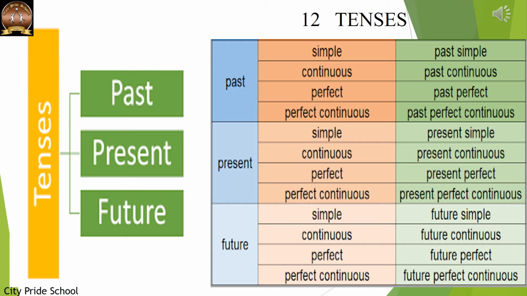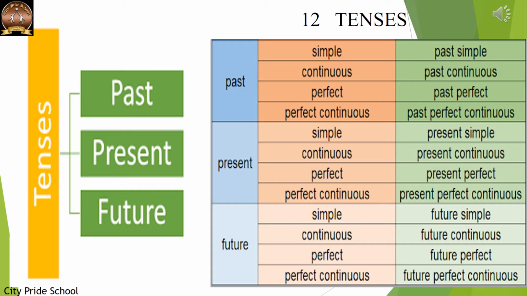There are three times. That is, time is divided into three types: past, present, and future. And these three time periods are further classified into four parts: simple past, past continuous, past perfect, past perfect continuous.